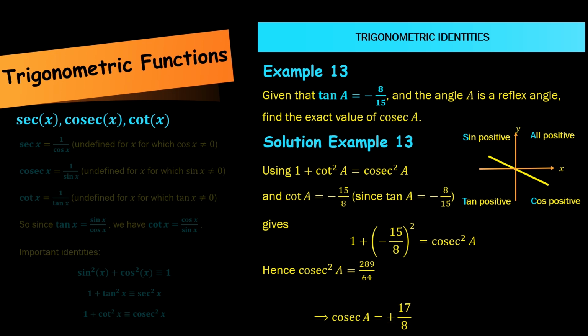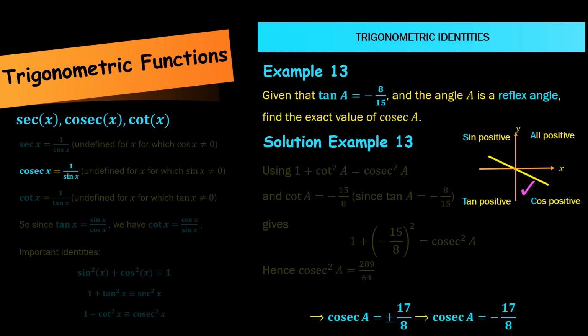However, we're only interested in reflex angles, since that's what's stated in the example, and therefore we're only actually interested in the fourth quadrant. And here we have that cosec A equals minus 17/8, since in the fourth quadrant sine is negative, and therefore, of course, 1/sine is negative also.